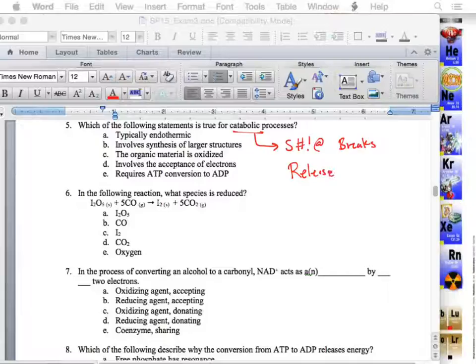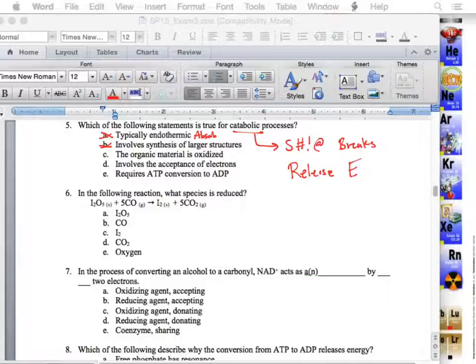Getting access to the energy within that stuff. So if we look through our answer choices, endothermic means absorb. That's not right. Involves synthesis of larger molecules. You're building stuff. That's not right. Organic material is oxidized. That's a nasty question, so I would skip that and move on.